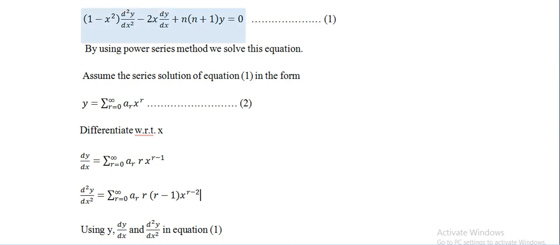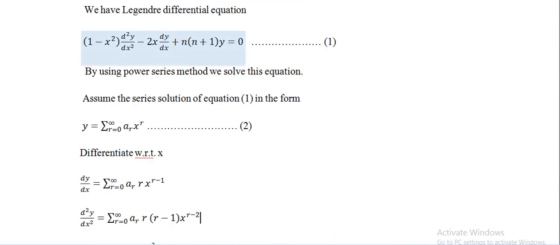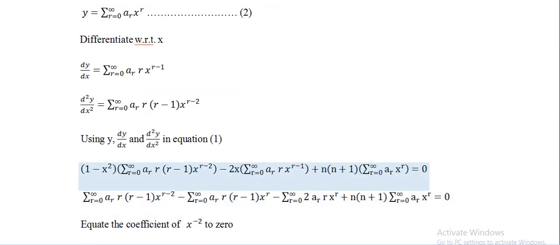The next term is minus 2x into dy by dx, where dy by dx is summation of r a_r x raised to r minus 1. The next term is plus n(n plus 1) into y, and our y term is summation of a_r x raised to r, which is equal to 0.